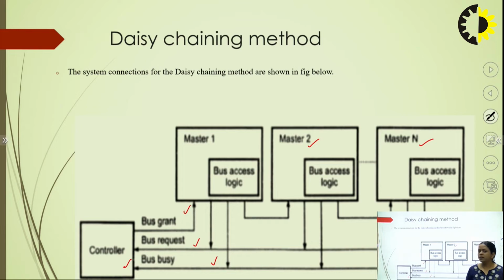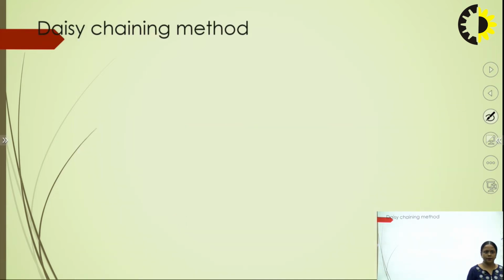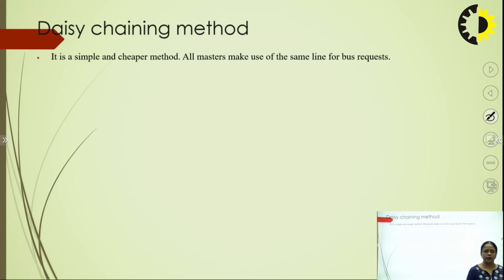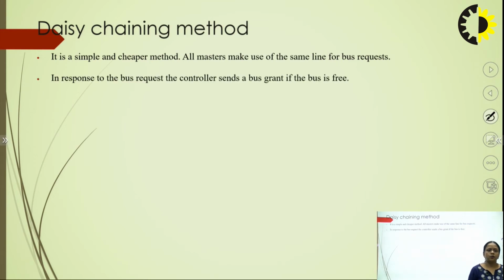So, in this case there are some advantages, but we also have some disadvantages. So, we should again see these things. What is the daisy chaining method? It is a simple and cheaper method. All masters make use of the same line for the bus request. In response to the bus request, the controller sends a bus grant if the bus is free.